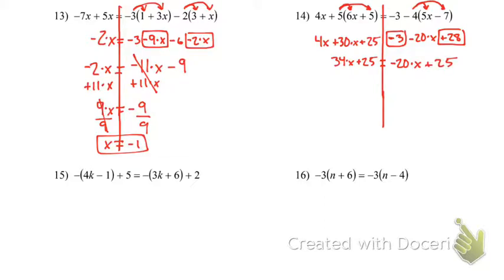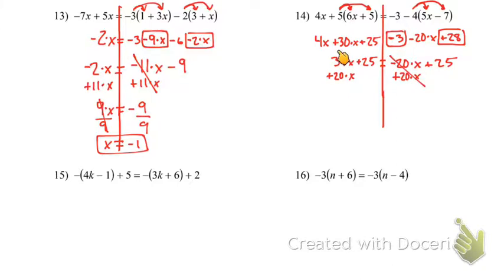Okay, and now we got to get our variables on the same side. So I'm going to move the variable on the right, and we want to move them to the left by doing his opposite addition or subtraction. So he's subtracting, the opposite of that is addition. So it's 20 times x, and what you do to one side, do to the other. So it's adding 20x to both sides.